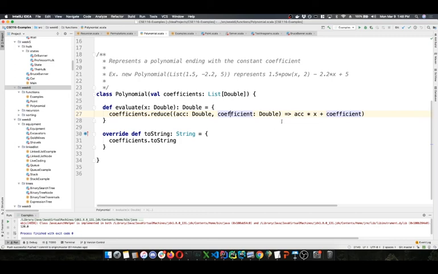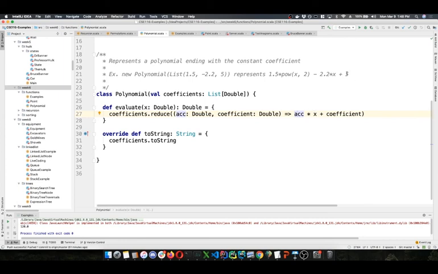With my accumulator and my coefficient, I'm going to take my accumulator, multiply it by x, and add the coefficient. The first time, I take my leading coefficient and add that to 0. My accumulator is 0 times x, so I just get my leading coefficient, 1.5 in this example. The next iteration, I take 1.5, multiply it by x, so I have 1.5 times x, plus a negative 2.2.